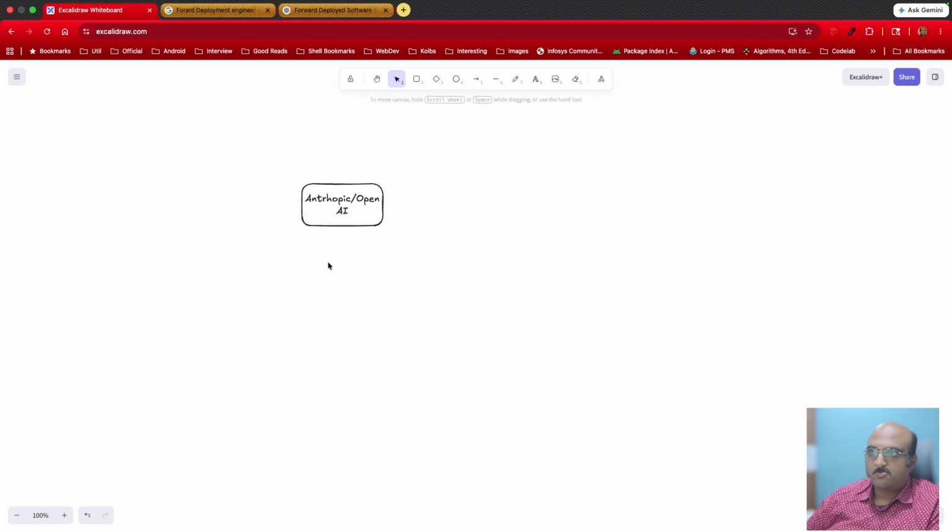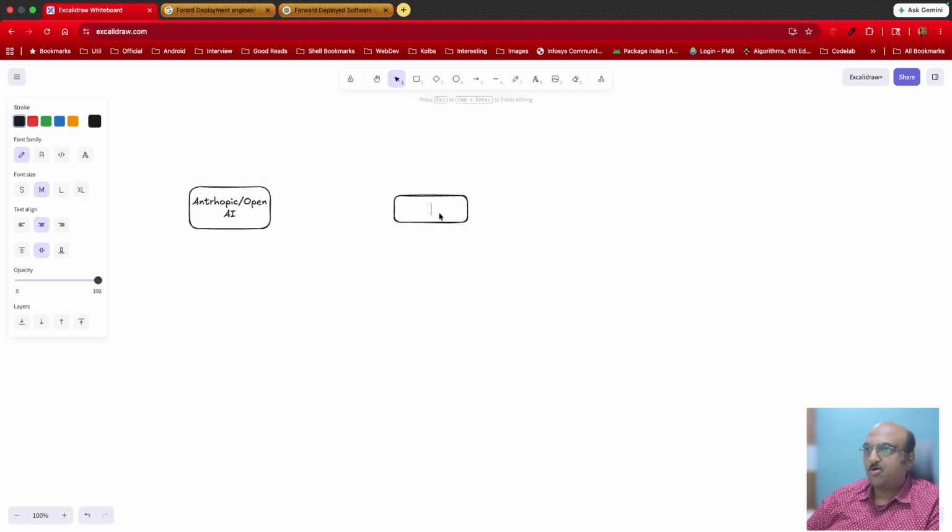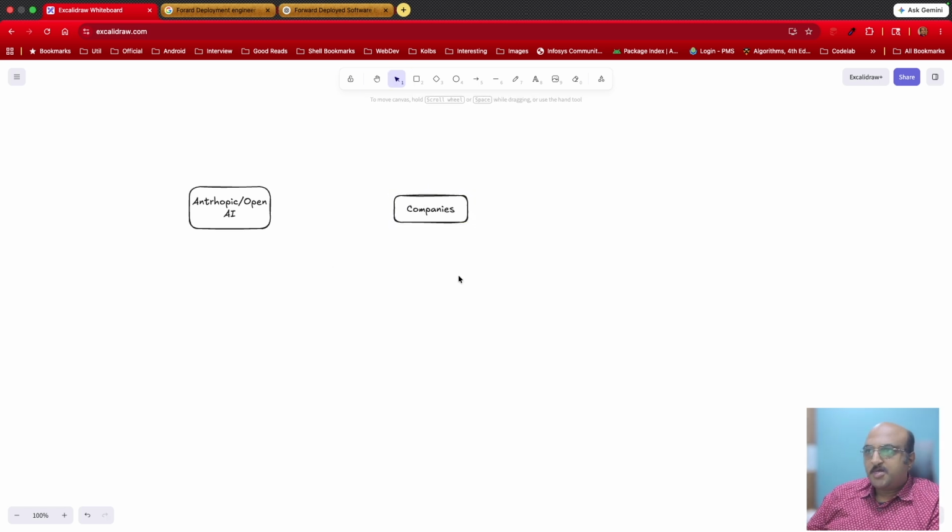Their business model is to basically create LLMs, and then you have a lot of companies. These companies are like FMCG companies, Oracle, or even a lot of finance companies like McKinsey, oil and gas companies, whose core business is not software itself, but they use software for doing a lot of their work.